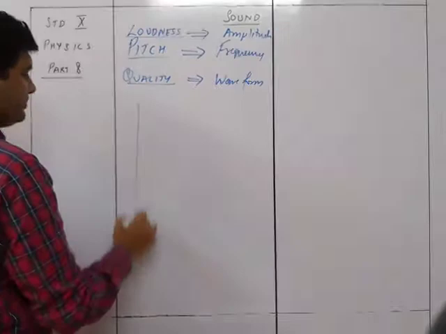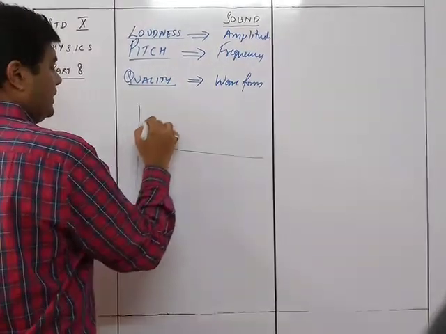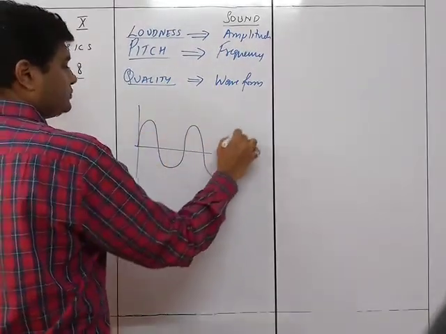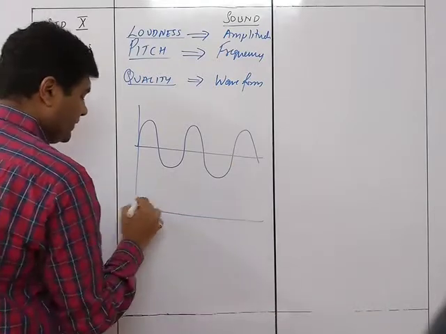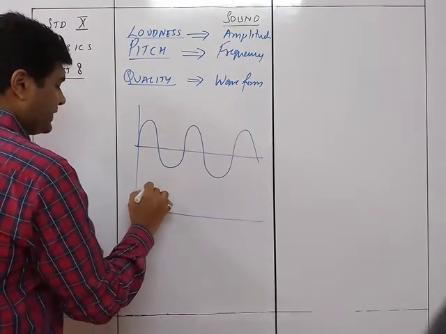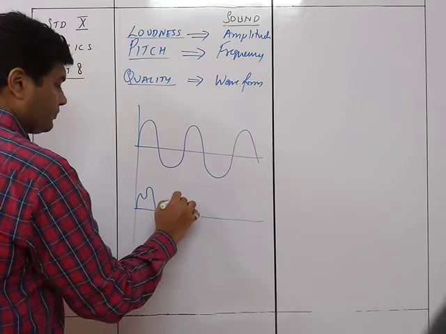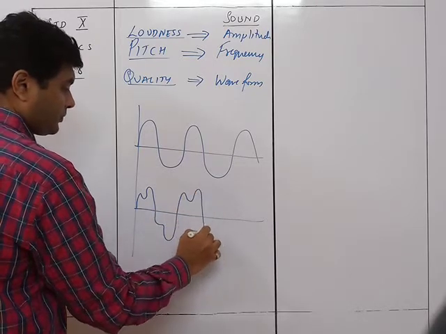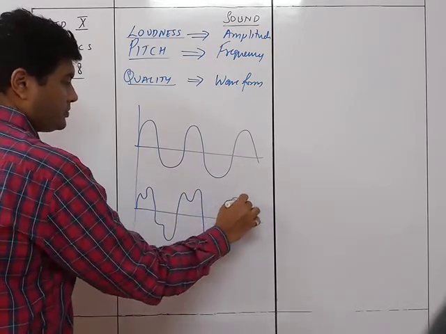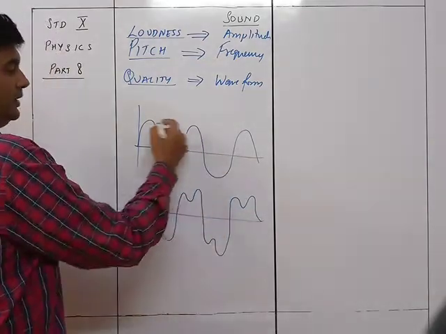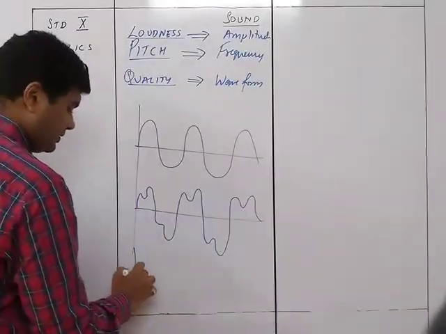What is a waveform? It is something like this. If this is a wave like this, a similar wave could be over here, which could be something like this. So you can see the waves are similar.